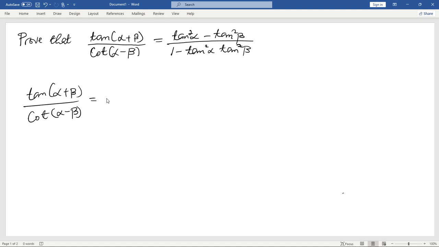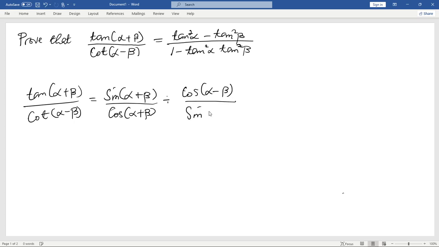So meaning that here we can simply have sine(alpha + beta) over cos(alpha + beta), then we divide it with the cotangent function here, but the cotangent function is simply the reciprocal of a tangent function. So meaning that here we're going to have cos(alpha - beta) divided by sine(alpha - beta) like this here.